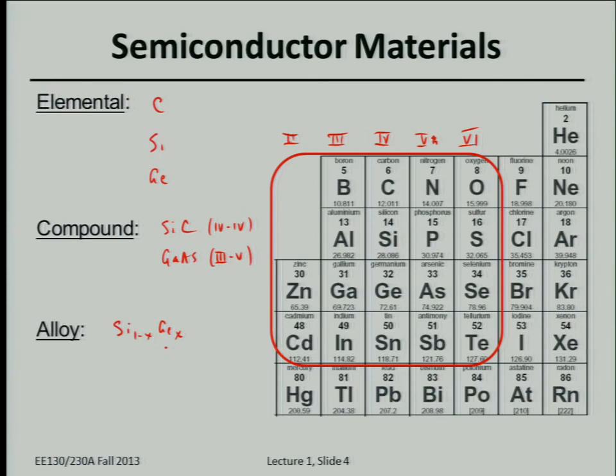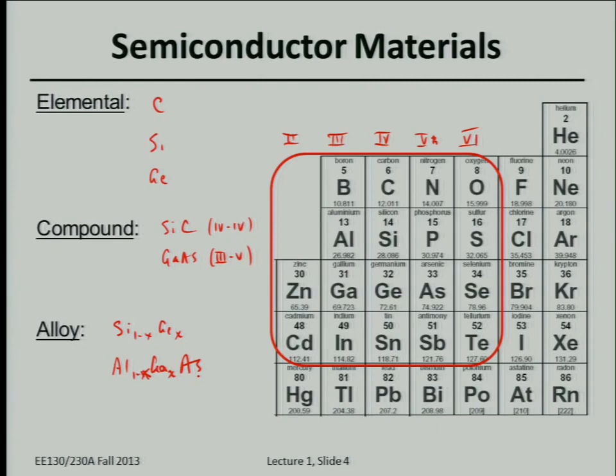And then for the compound optoelectronic devices, instead of gallium, you could have an alloy of aluminum and gallium. So rather than just one gallium atom for every arsenic atom, some of them can be replaced with aluminum.